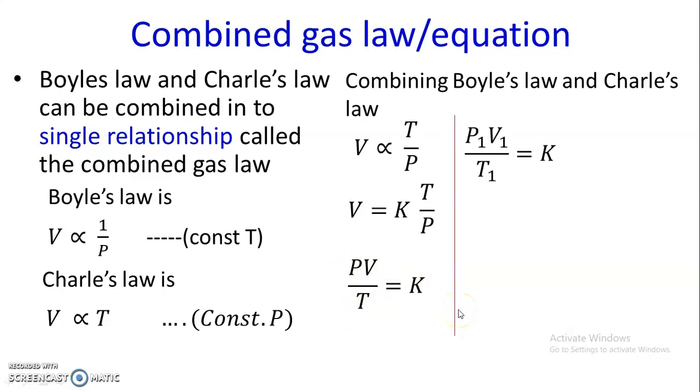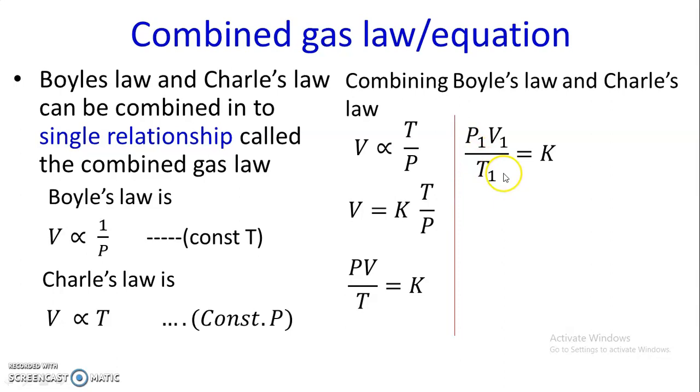Suppose there are two different pressures and volumes at two different temperatures. Suppose there is a pressure P1 and volume V1 at temperature T1, and pressure P2, volume V2 at temperature T2.